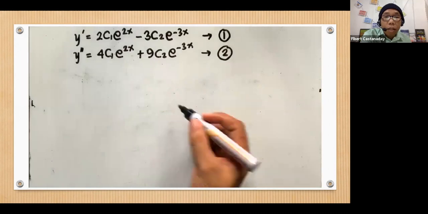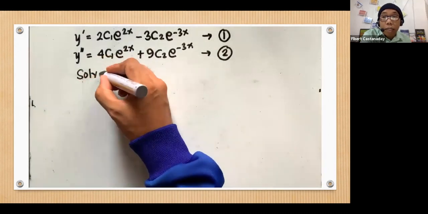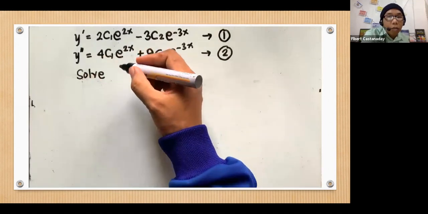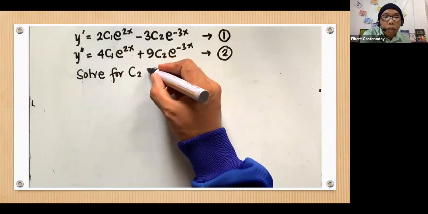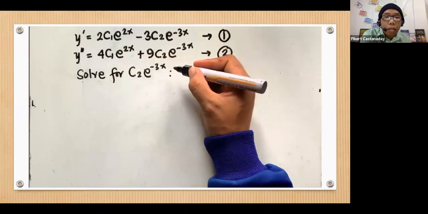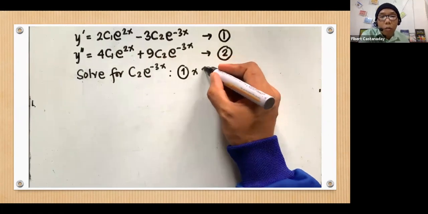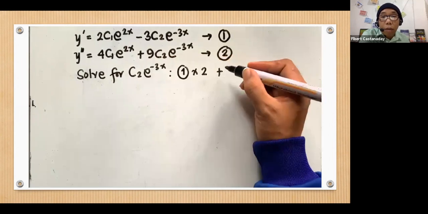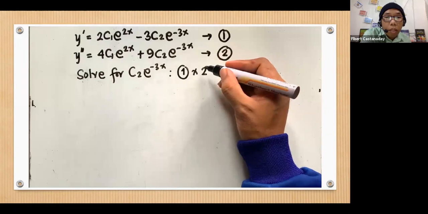Okay, so I just copied the first two equations. So now we'll work on c sub 2. Okay naman, solve naman natin yung c sub 2 e raised to minus 3x. So now it means that I'm going to eliminate c sub 1 here. So I will multiply the entire equation 1 by 2. Okay, and that will make magiging positive pa rin siya.